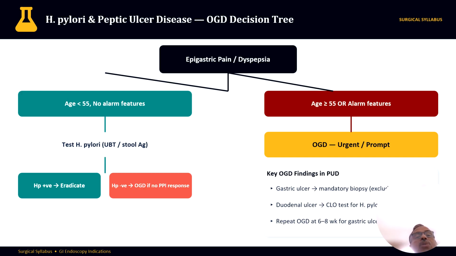If it comes out negative, then still give an empirical trial of proton pump inhibitors. And if there is no response, then you order OGDS in such a patient to rule out any other pathology. So this is the typical way of dealing with a patient with epigastric pain or dyspepsia, the OGDS decision making tree.